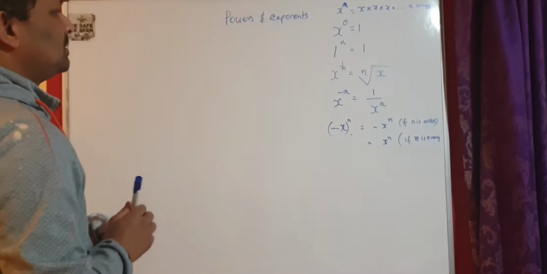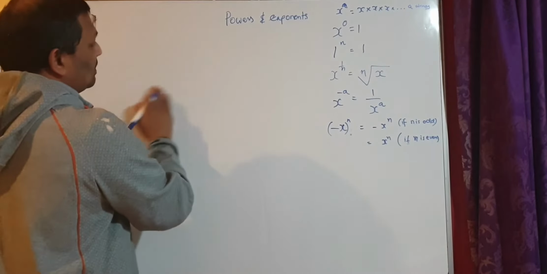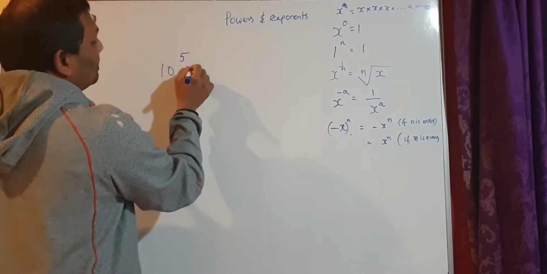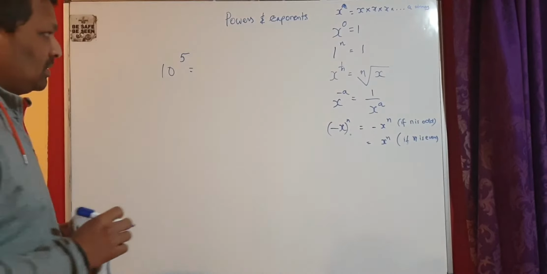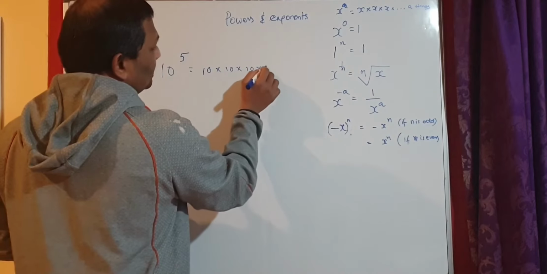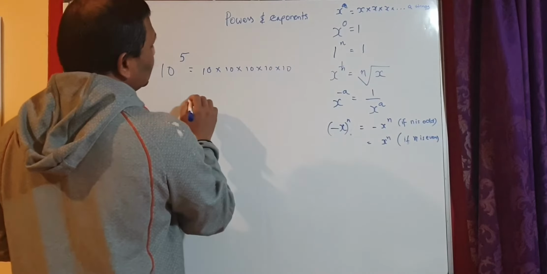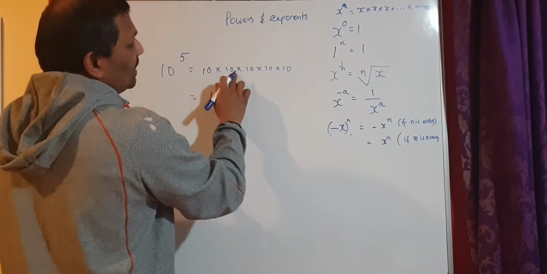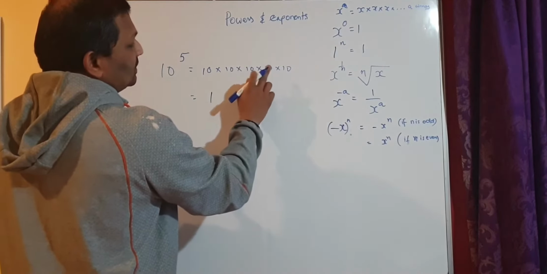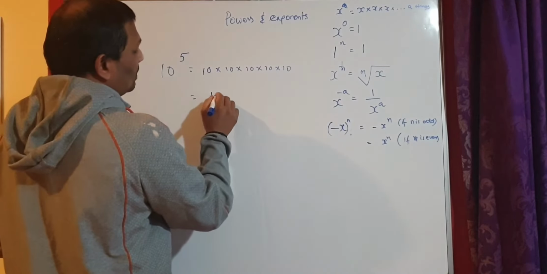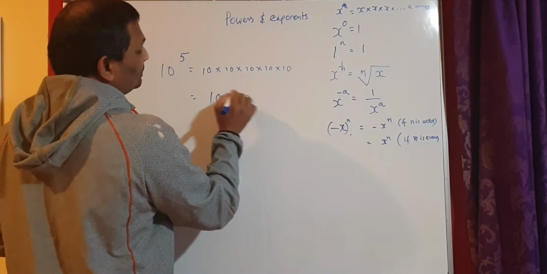Also, another identity, which is very famous: for example, 10 raised to the power of 5. The value of that is going to be 10 into 10 into 10 into 10 into 10. So you get 100, 1000, 10,000 and 1 lakh. So you get 5 zeros after 1.